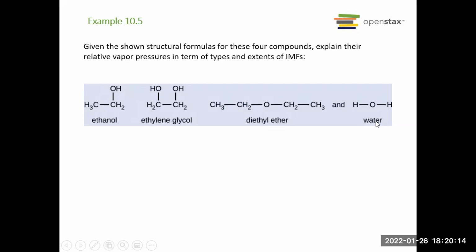Yes, that's the reason why it would be above ethanol, because both of those hydrogens can form hydrogen bonds, whereas this one only has one that can form. And this one has two independent, right? So that one is going to have the lowest vapor pressure, but it's going to have the strongest IMFs, right?